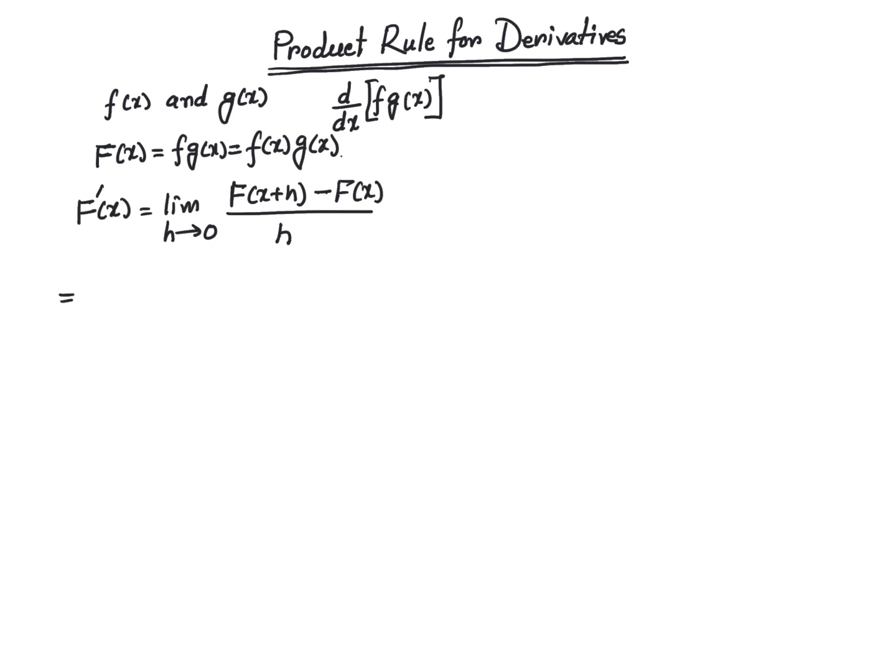Now that is going to give me the limit as h approaches 0. Now what is F of x plus h, by the way? Here we need to find it.